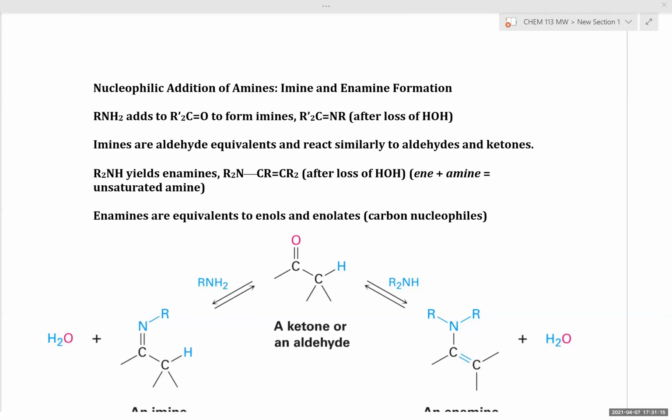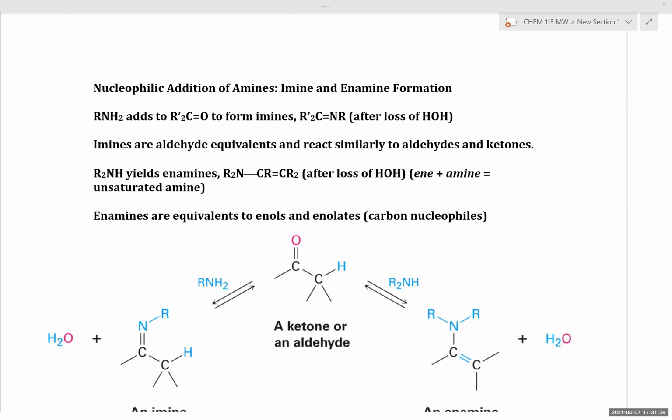Okay, so when we last left off, we discussed many synthetic methods and many reactions involving carbonyl addition or 1,2 addition. We've looked at cyanohydrin formation and acetal formation, which primarily centered around using carbon and oxygen-centered nucleophiles.